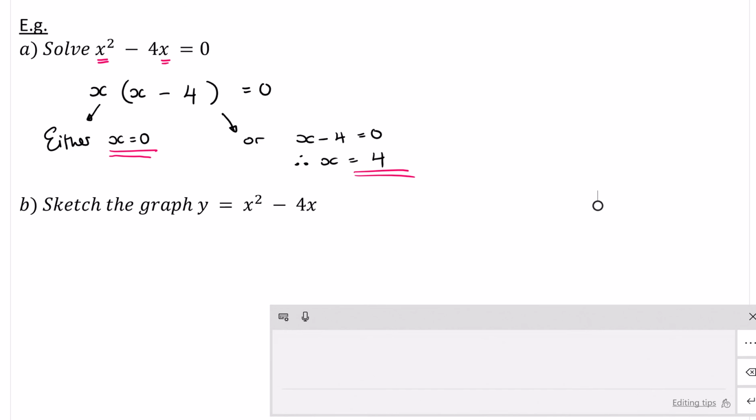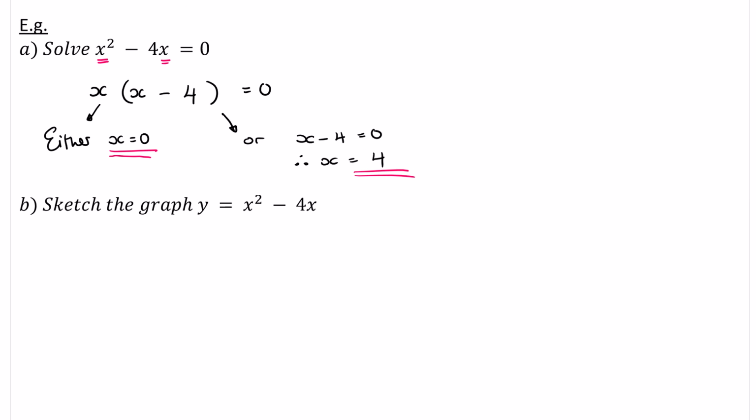So let's have a look at the shape of the quadratic. Again, x squared is positive, so the shape of the graph is a U shape. The x intercepts, it's x equals 0, so that means it's 0, 0 or 4, 0.